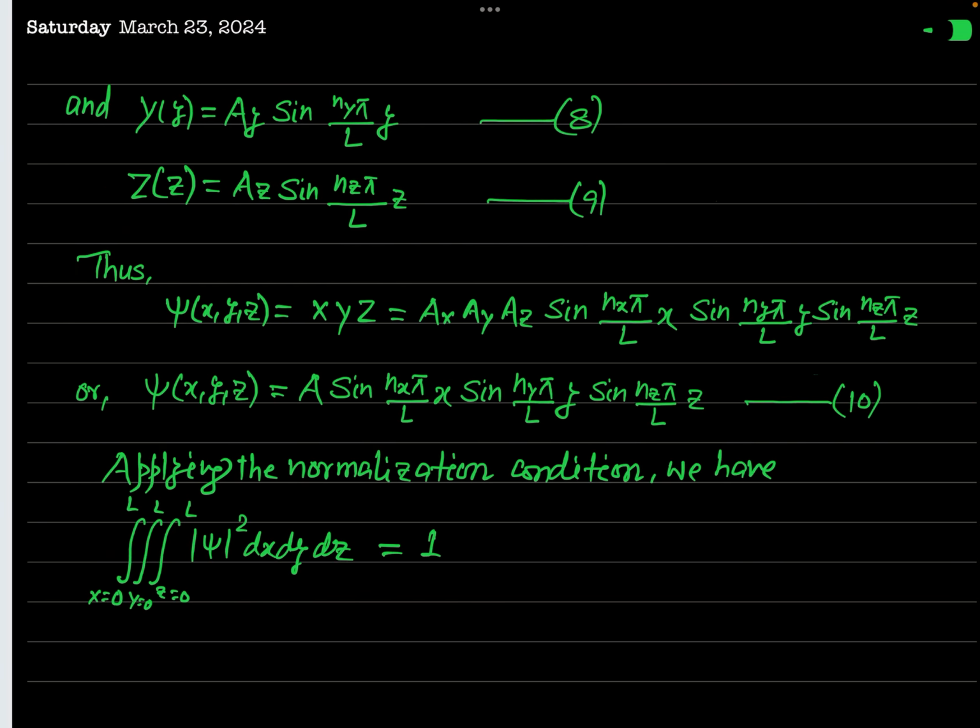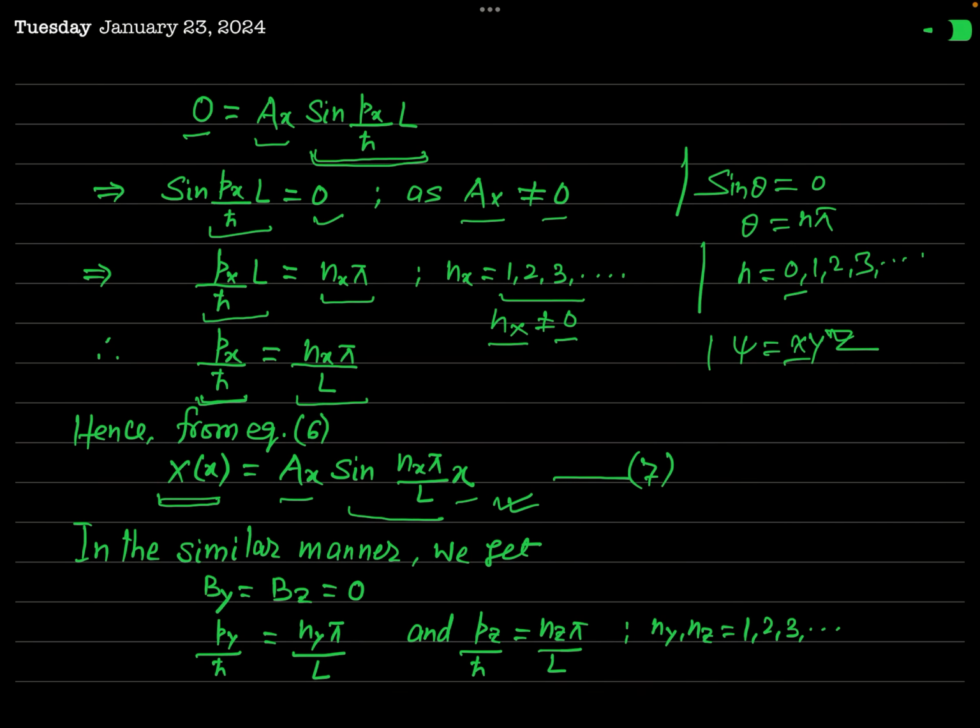Applying these boundary conditions in the same manner, you will see that as bx was found to be 0, in a similar manner by and bz will also be 0. I have not done the algebra, but you can do it.